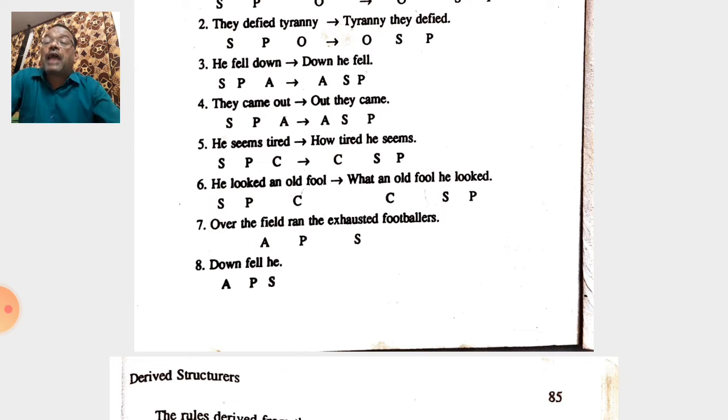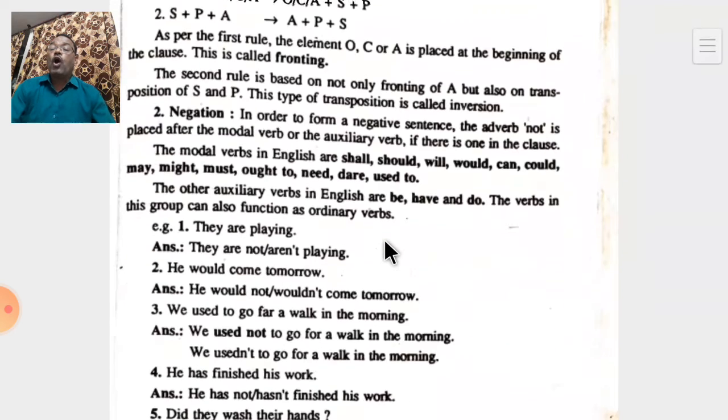Another example: He seems tired. Subject, predicate, complement. How tired he seems. A change in the structure, a change in the place of the words. That is called inversion or fronting. Fronting means the last word is brought to the front. That is fronting, a change in order, we can say.